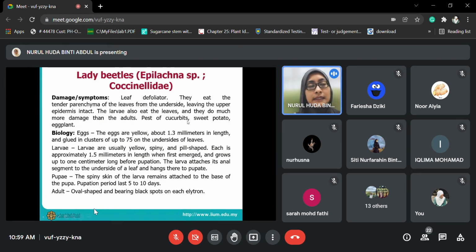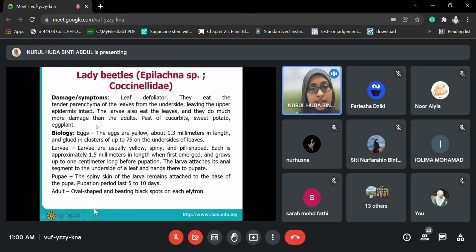And usually these insects also specialize on cucurbit, sweet potato and similar plants. As you can see here, Epilachna species, as well as Aulacophora just now, their habit or host is actually similar. Cucurbit, sweet potato, eggplant, and Aulacophora just now also share the same host.